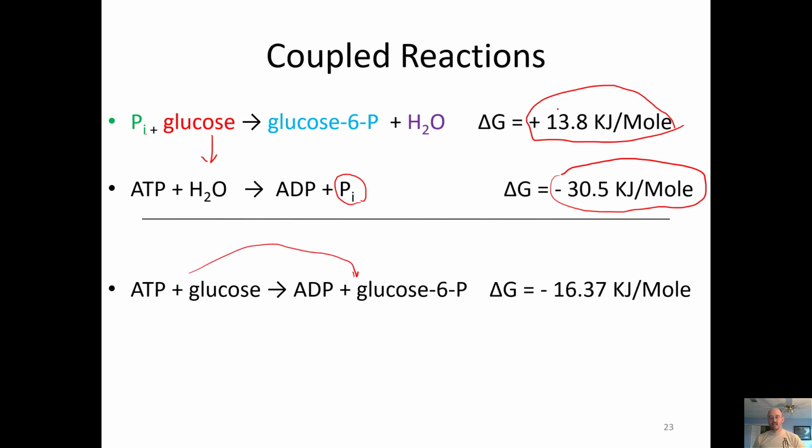Now, what we do is we look at these two numbers and find the difference. And if you take 30 minus 13, basically, you find out that overall, even though this molecule has more energy than it started with, overall, when we take into account how much energy was lost from ATP to fuel this reaction, we have lost a total of delta G here of negative 16 kilojoules per mole.